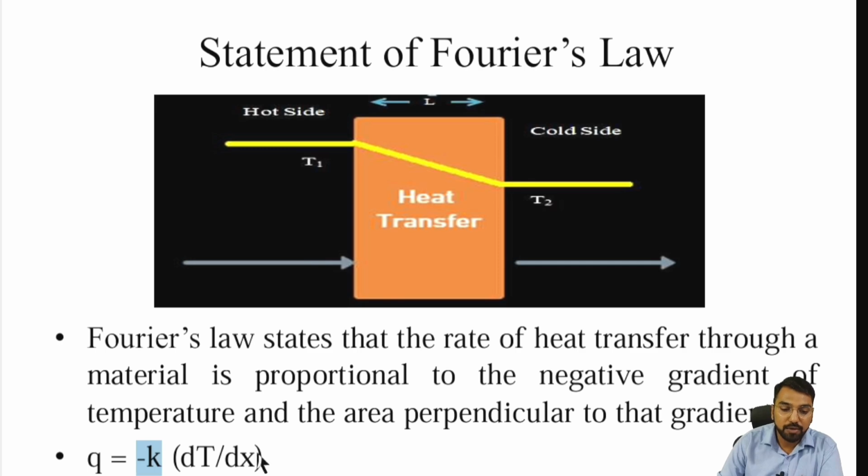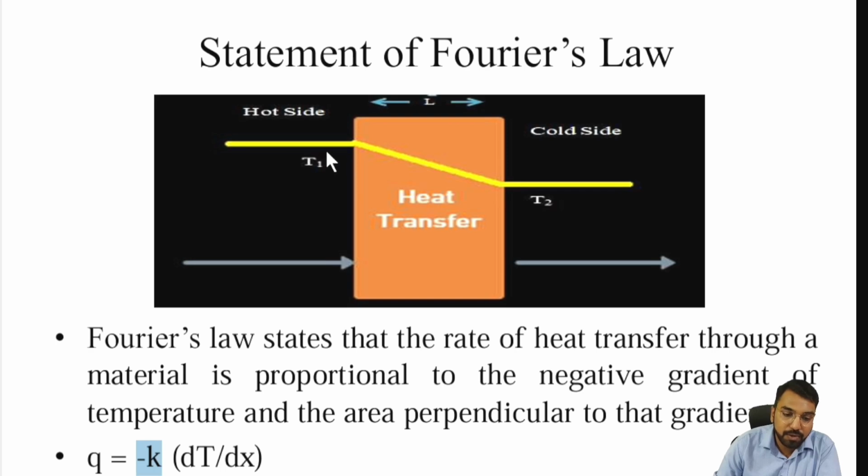We are going to see how it actually takes place with the image illustrated here. Let's consider a block of thickness L, where the left side of the block is at high temperature and the right side is at low temperature, the cold side.